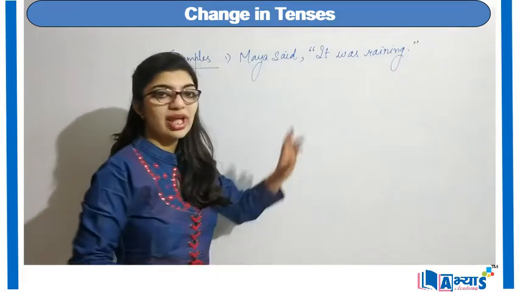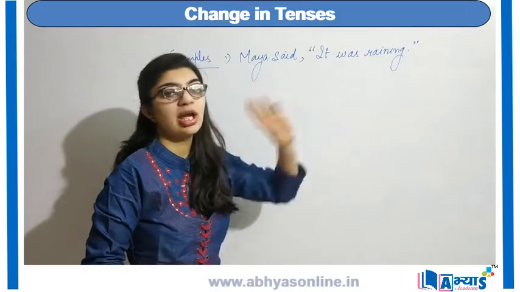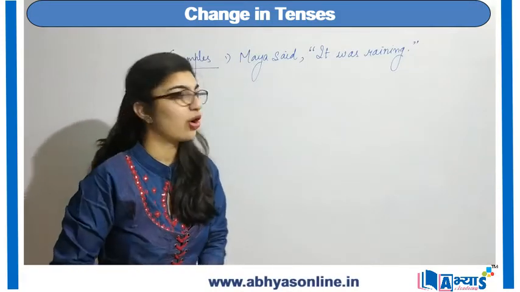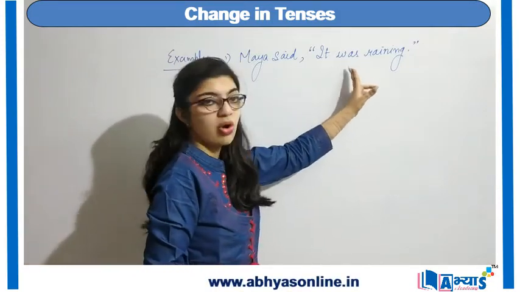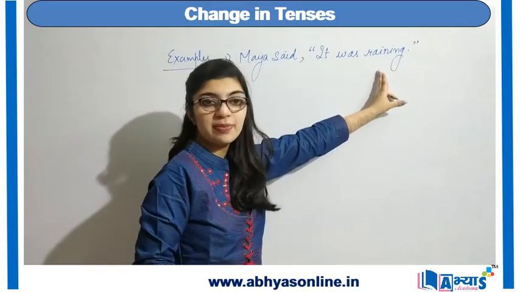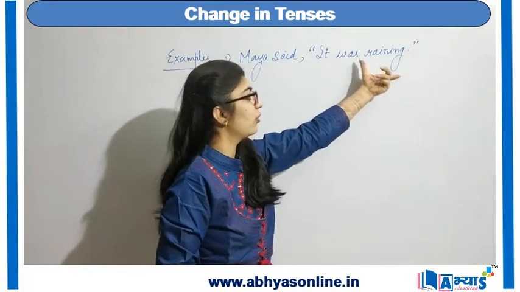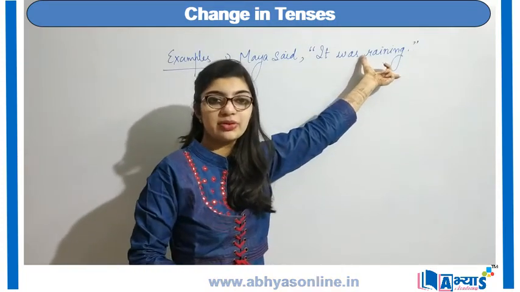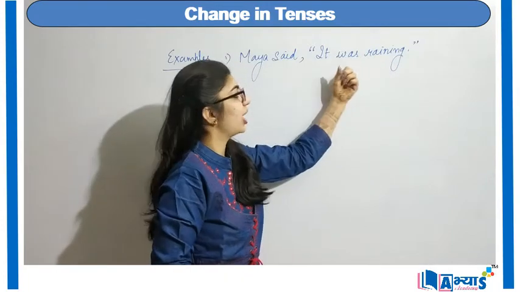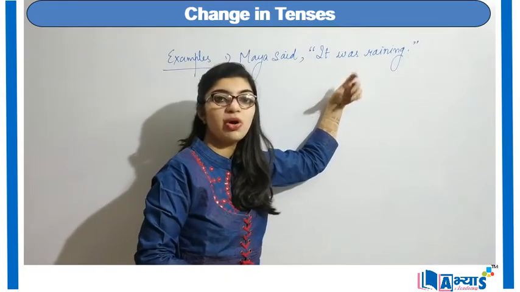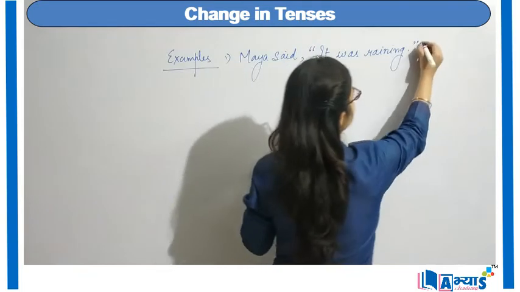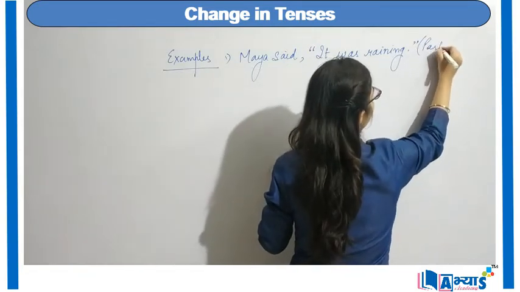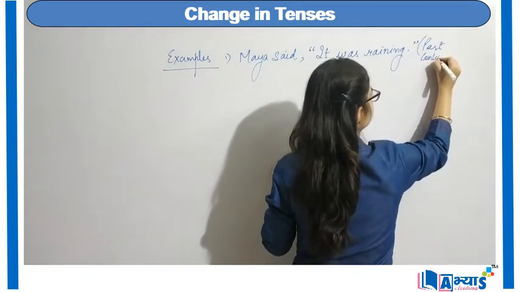Now I know that my sentence is in past continuous form because it is was plus verb plus ing. We know that ing is always in continuous form, and before ing I am making use of was, and was is for past. So my sentence is in past continuous form.